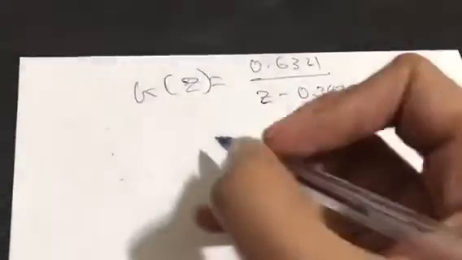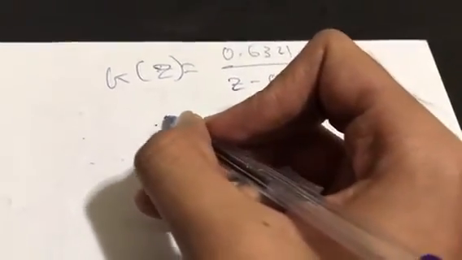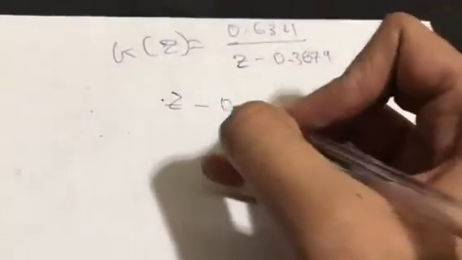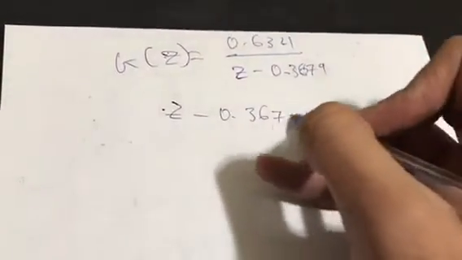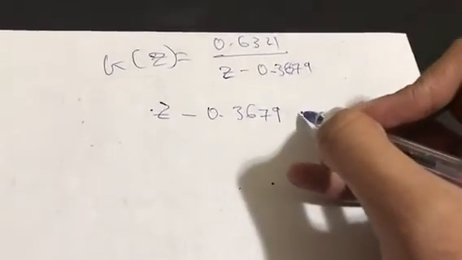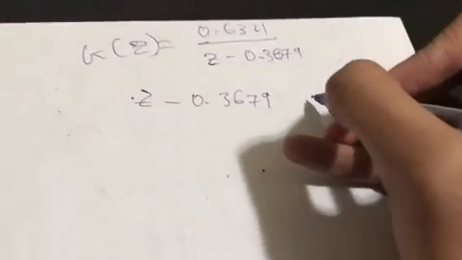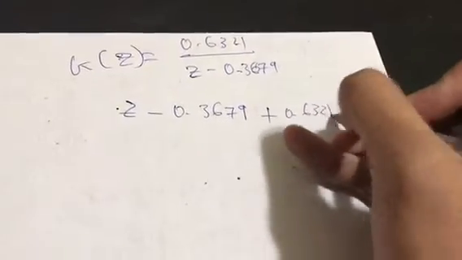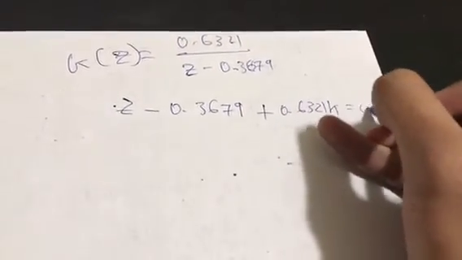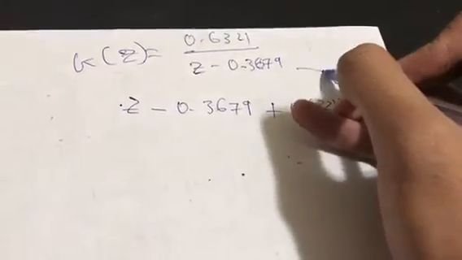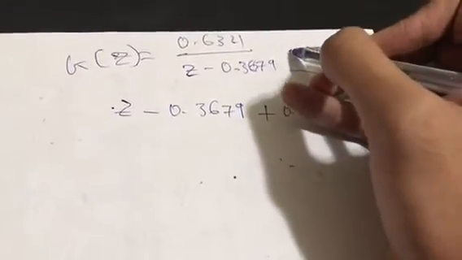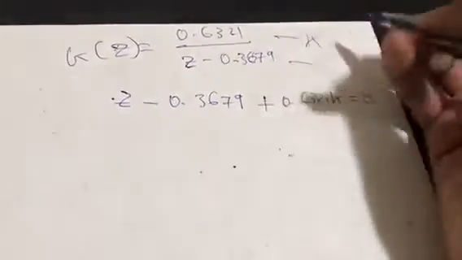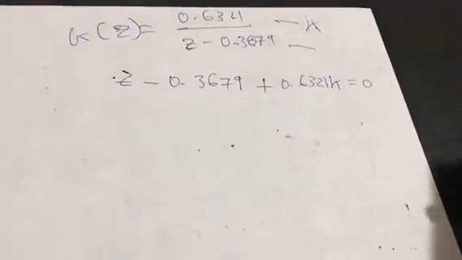So for that we get z minus 0.3679 plus 0.6321k is equal to 0. So what we basically do is we take the denominator and add it to the numerator multiplied by k. That's the gain. So now this is in terms of the z-plane.